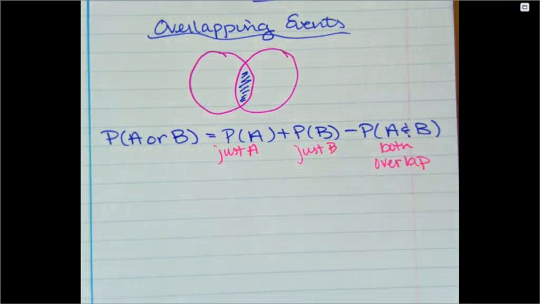So the probability of A is the first circle, the probability of B is the second circle, and then you subtract the probability of A and B, which is the middle. Because you counted it twice.